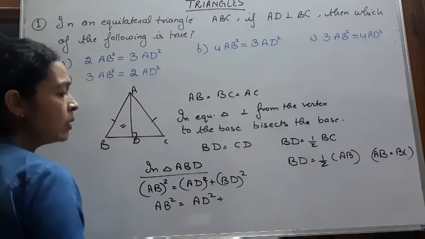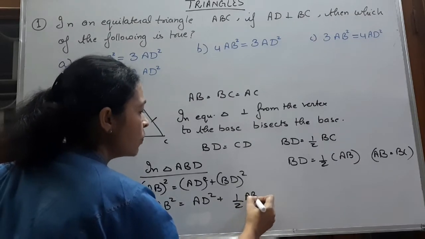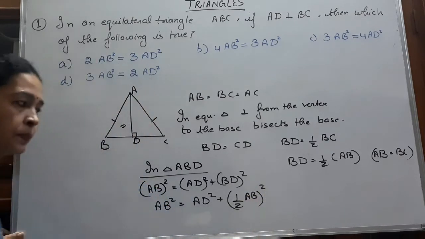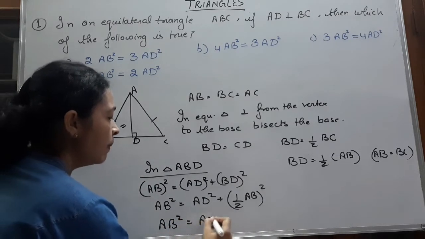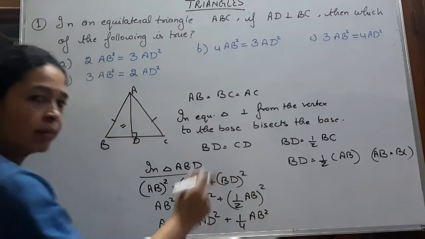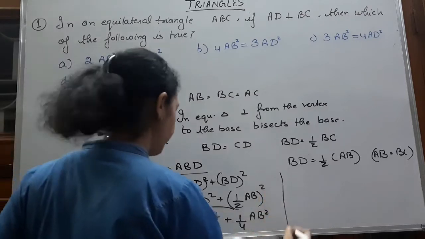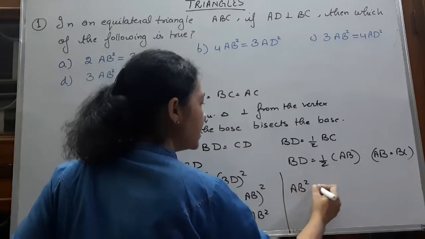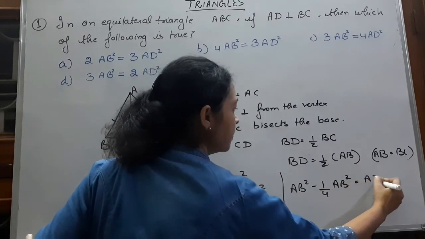Now AB square equals AD square plus, in place of BD, we write half of AB whole square. AB square equals AD square plus 1 upon 4th of AB square. Square of 1 by 2 is 1 by 4. Take AB square on the left hand side. AB square minus 1 by 4 AB square equals AD square.